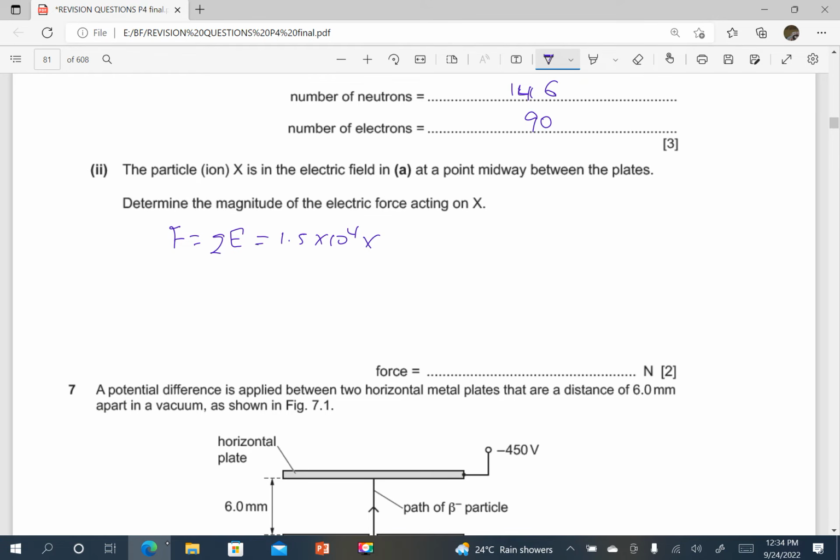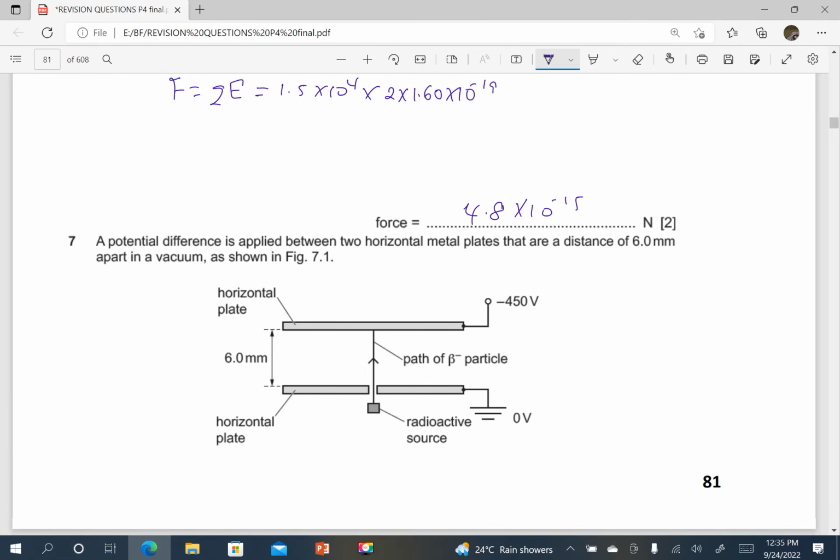Because the charge is positive 2e, this will be 2 times 1.60 times 10 power negative 19. When I press my calculator, this is giving me 4.8 times 10 power negative 15 newtons.